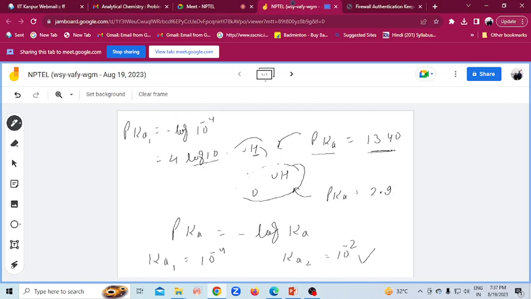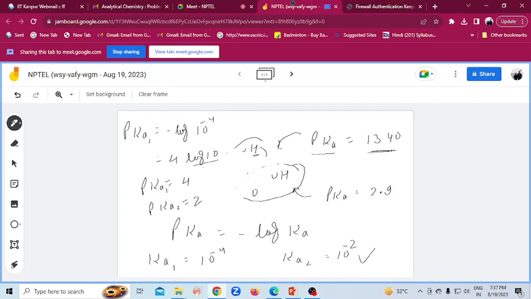And the log 10 value is 1, so the pK value will be 4. By the same process, if you calculate pK value 2, it will be 2. You can do it in your notebook.